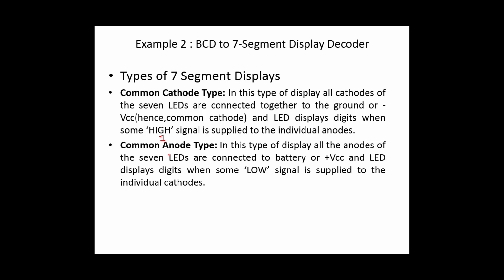The other type is called the common anode type, and in this type, in order to glow a certain 7-segment display digit, the individual LEDs are supplied with binary low or binary 0 logic signal.